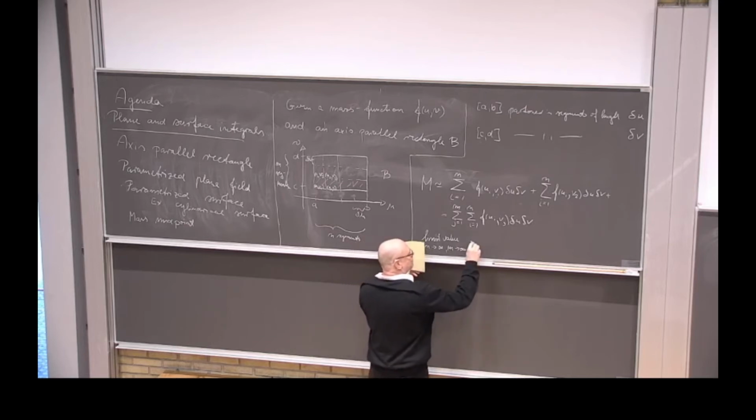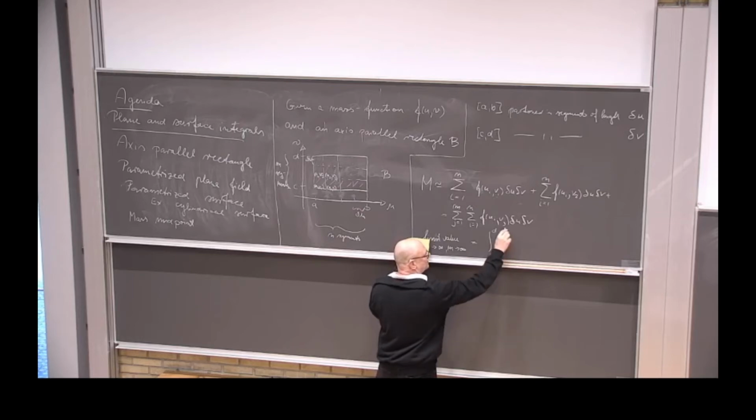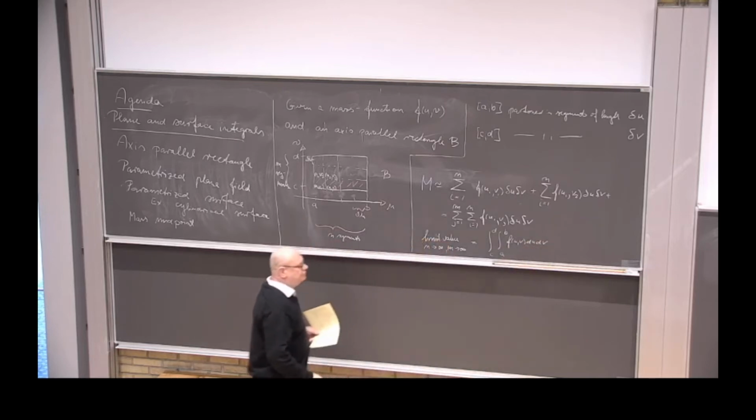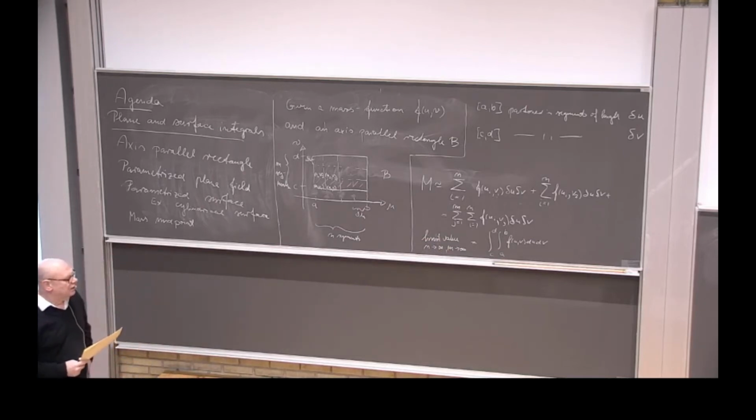And then I end up by having this integral, the integral from c to d, the integral from a to b of this function, du dv. So this is the double integral.